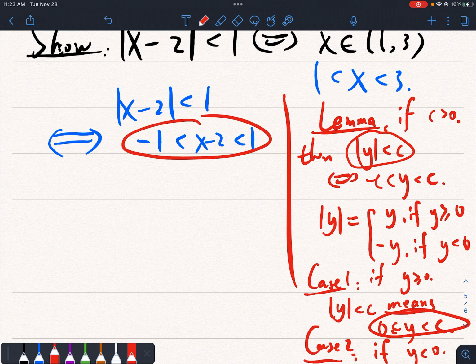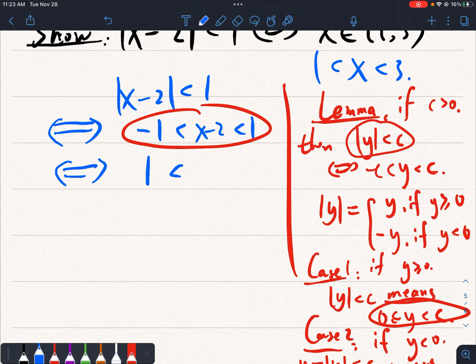So this becomes x minus 2 is from -1 to 1. And then we can add 2 to all 3 sides: -1 is one side, then x minus 2, and then 1. So this becomes 1, and then x, and then 3, and we're done.